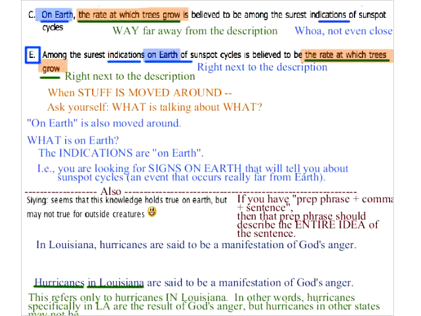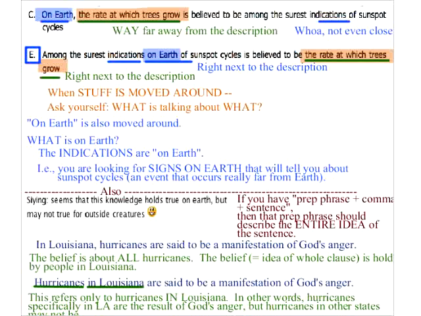So the belief is about all hurricanes. But the belief, which is the idea of the whole clause, is held, that's what they held, by people in Louisiana. Let's fix that typo.